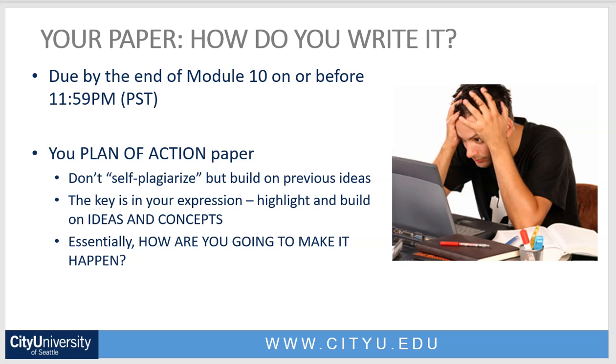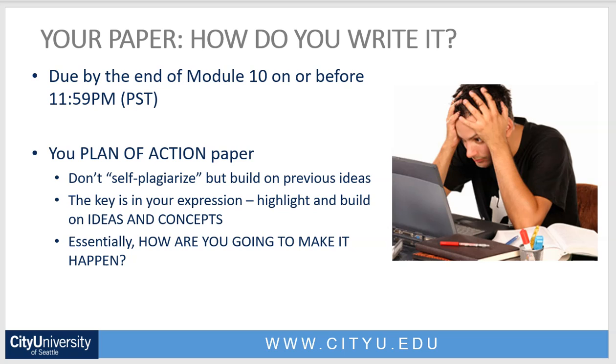Think of this third paper as an extension, or really the application of paper number 2. Now, how do you write it without self-plagiarizing? The key is to build on the ideas. And where it makes a difference is how you express those ideas. Now, I don't want you to cut and paste verbatim or just say, in paper 2, we did this, here's how it's going to happen.